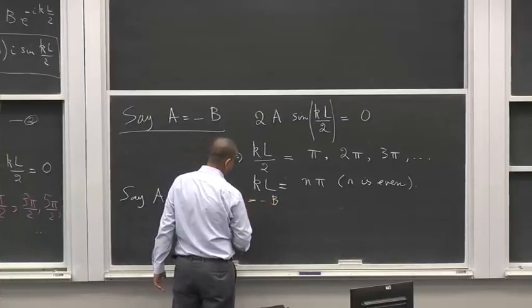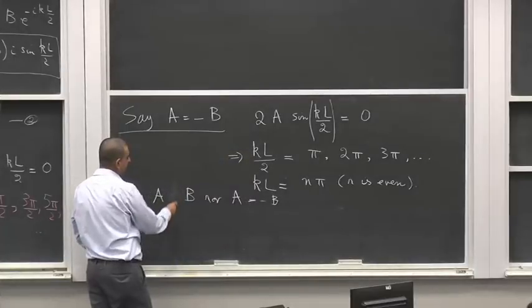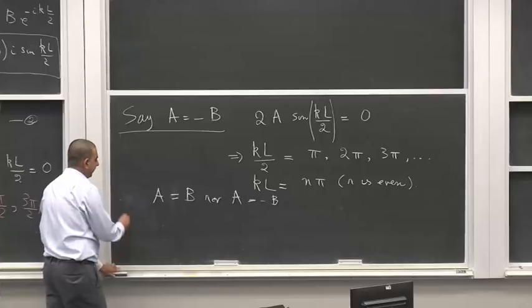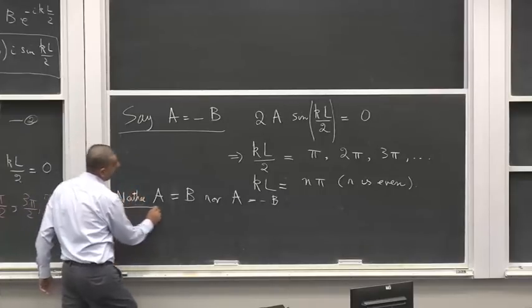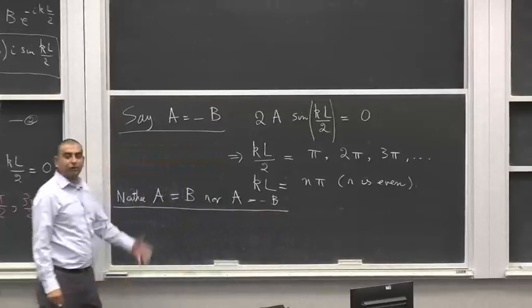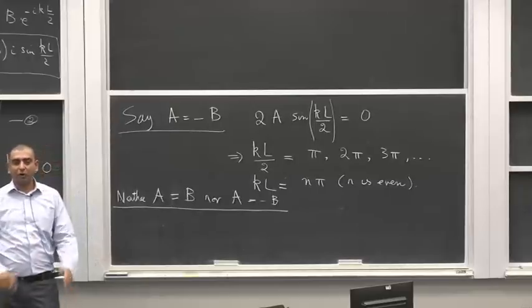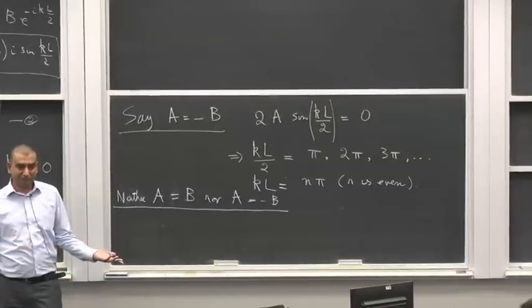Neither A equals B, nor A equals minus B. There are only three possibilities for A and B. Either they are equal, or one is equal to the inverse of the other, or neither of the two conditions.